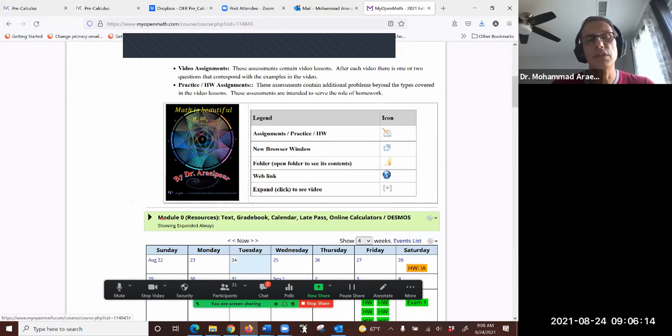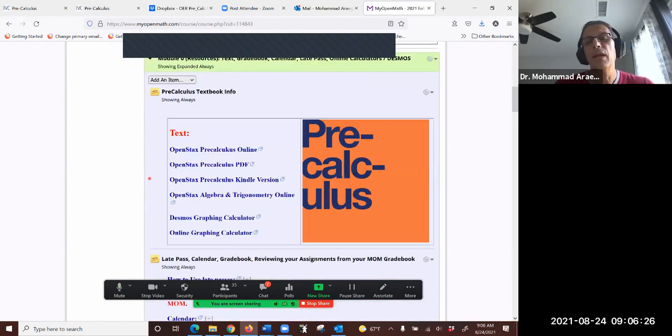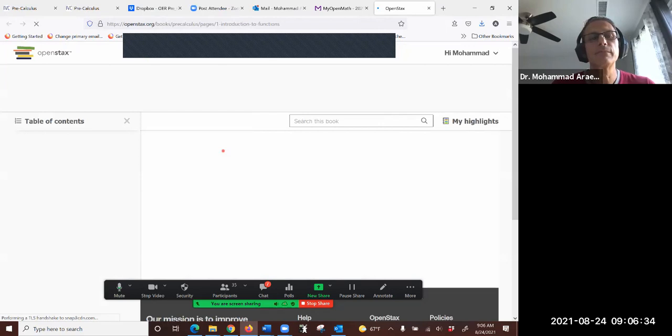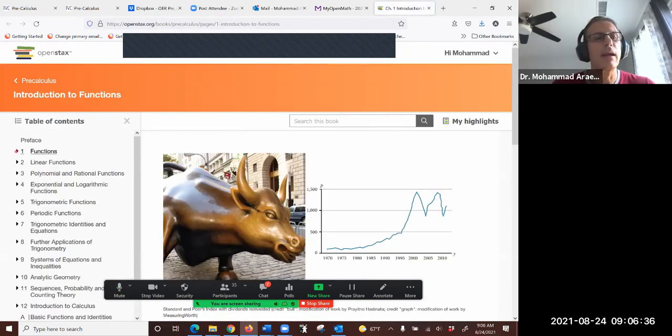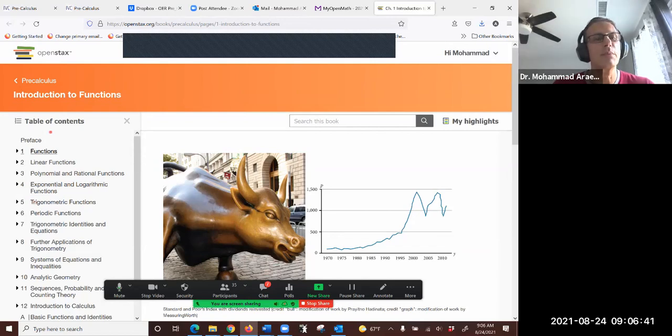Starting with module 0. What is module 0? And the topic tells you text, gradebook, calendar, and so forth. So let's quickly explore what we find there. Here's the text, with various ways of getting it. I'm interested in the first one, which is online. And take a look, you have the table of contents.